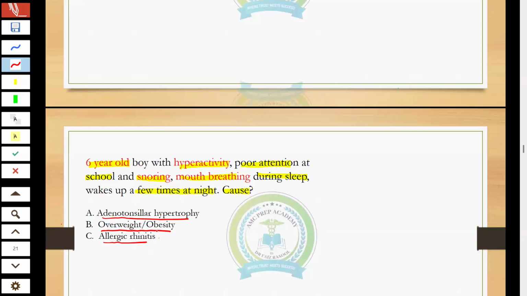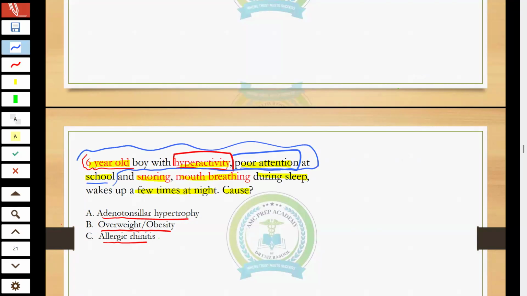So doctors, okay, before going to answer, firstly you have to make the diagnosis. For example, a 6-year-old with hyperactivity, poor concentration at school. So these lines point to another diagnosis. This is a psychiatric condition. Please tell me what is your diagnosis according to these 3 points: hyperactive, poor concentration at school, 6-year-old.